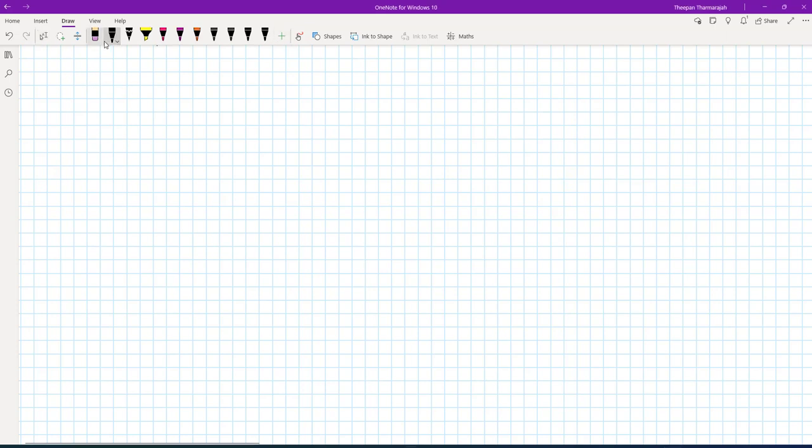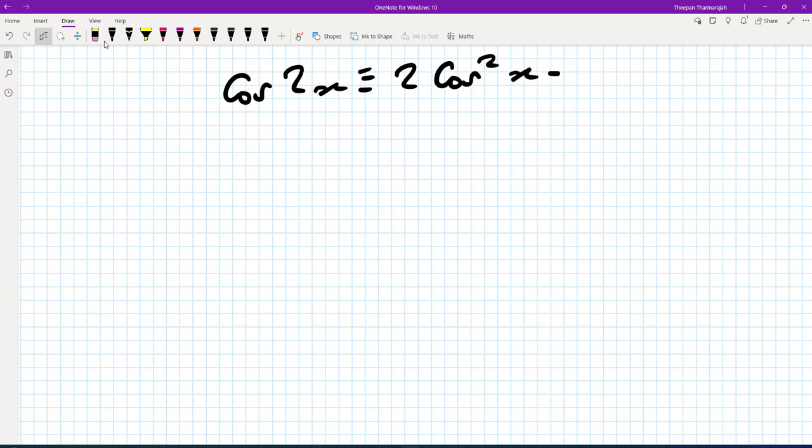So, if we start with the identity that cos 2x is the same as 2 cos squared x minus 1. In integration, we're going to learn that we can't integrate cos squared x or sine squared x. And for that, we're going to have to rearrange this identity to get what's known as the half angle formula.